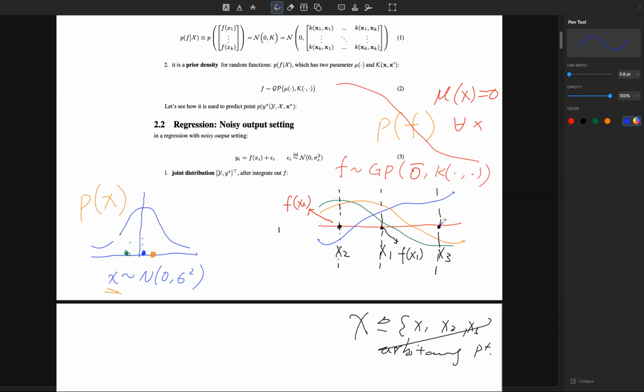Maybe I should use a different color. I have another random variable, I'm going to call it f of x3. Do you agree with me then?